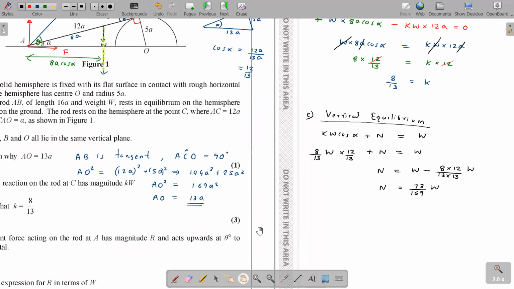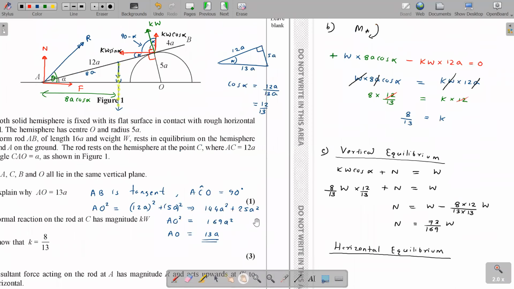Okay, similarly use horizontal equilibrium. What do we have here in the horizontal equilibrium? What are the forces we need to consider? KW sin alpha is equal to the friction.